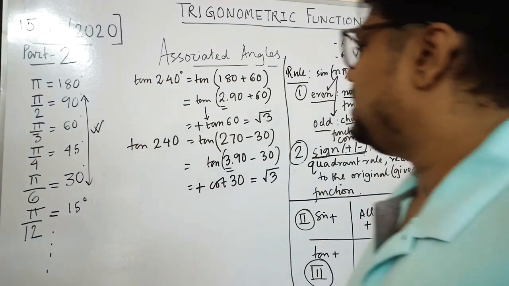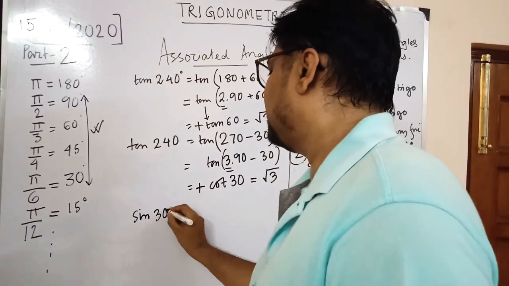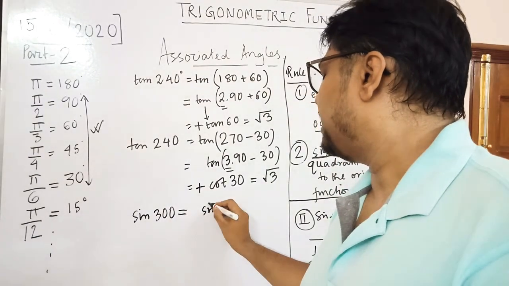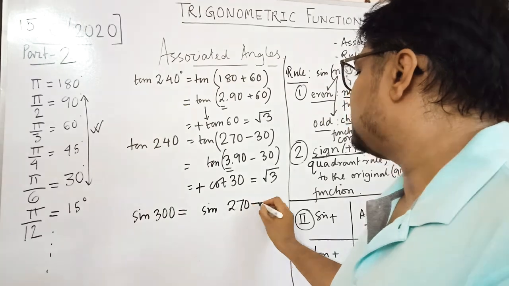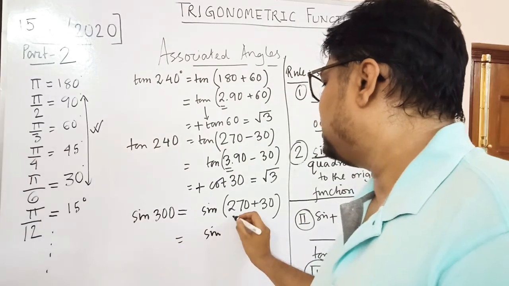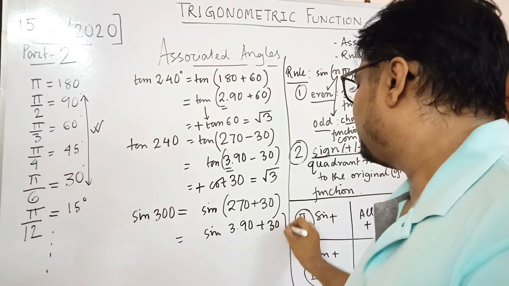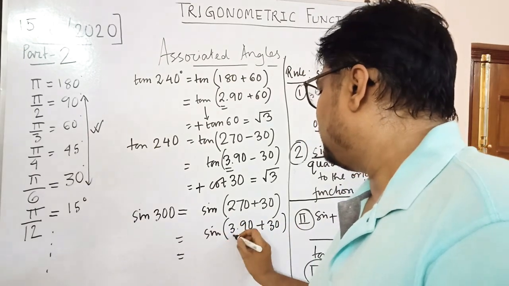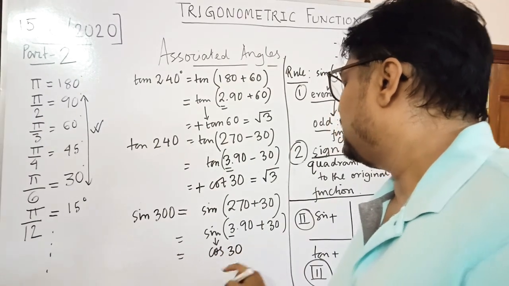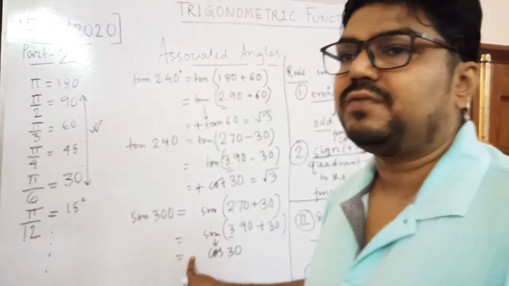Say we get something like sine of 300 degree. Sine of 300 degree we can write as sine of 270 plus 30. Sine 270 means again the same thing, 3 into 90. So it will be a change into its complementary function, cos 30. Do you think cos is positive in the fourth quadrant?